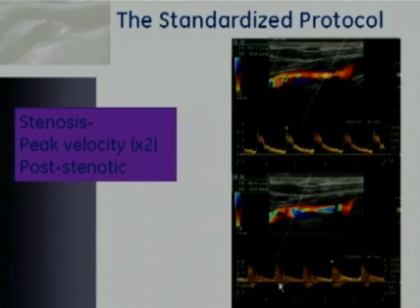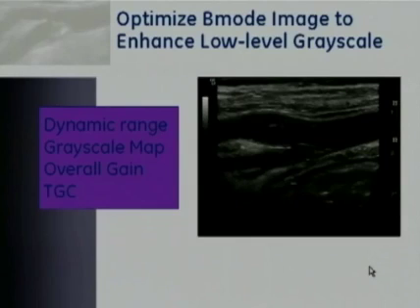This is in the area of post-stenotic turbulence, demonstrated by spectral broadening of this waveform. And you can even appreciate some reversed flow because of the swirling of the red blood cells beyond the area of the stenosis. So this is a typical waveform profile for post-stenotic turbulence.